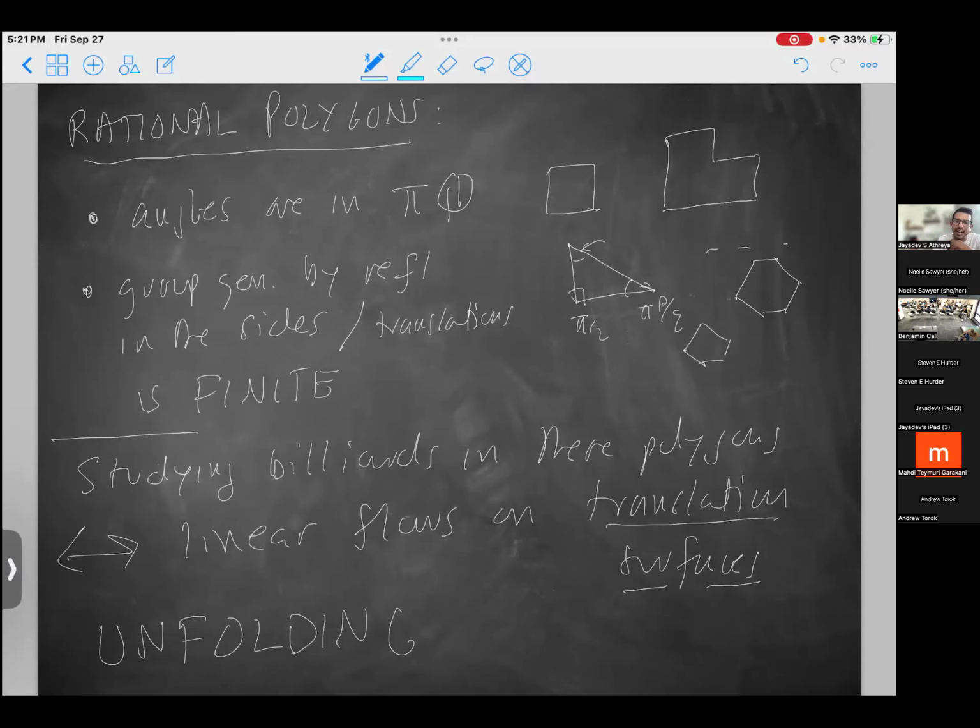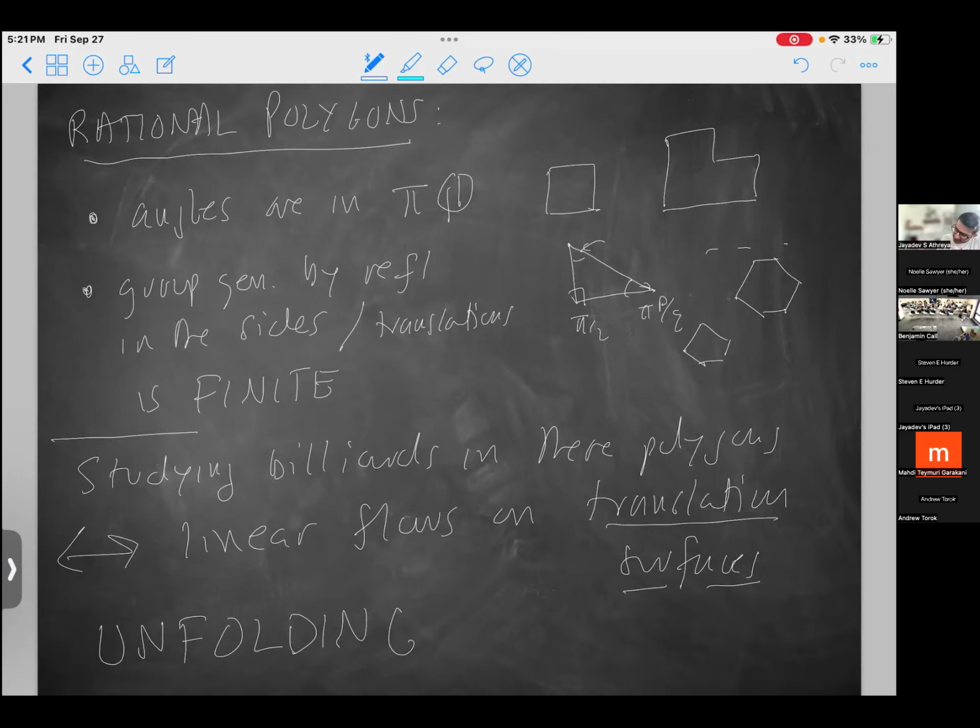And then before we define translation surfaces, I actually want to state our theorems about billiards in what we're going to call rational prisms. And then we're going to connect it back to translation surfaces and these notions of ergodicity and weakness. But first, let me show you what unfolding is. This is definitely a big idea in dynamics.